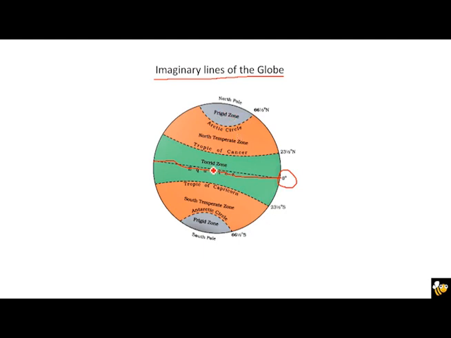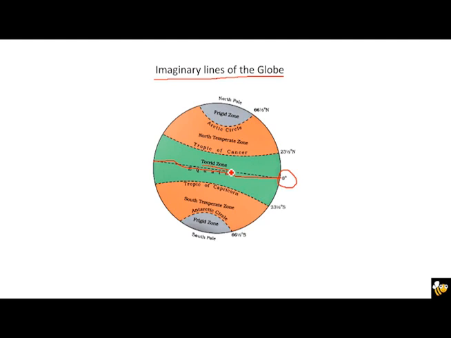we see the torrid zone, and it is also in the southern part. So we can say from 0 degree to 23.5 degrees north, and 0 degree to 23.5 degrees south, we have the zone which is known as the torrid zone. What is the meaning of torrid zone? See, torrid zone means the area over which the heat is maximum.